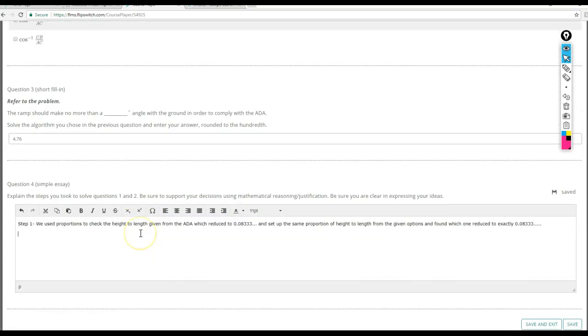Well, in step 2, we first identified the angle of elevation, which was angle A, and then we labeled the side lengths with the given information we found in problem 1.